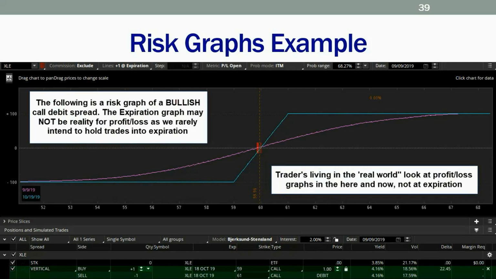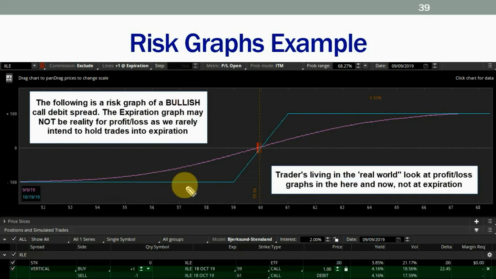When people get involved in options, one of the things I sometimes have to do here at TheoTrade is undo some of the damage that has been done to you by years of looking at things like risk graphs and being taught this stuff in a way that I don't find useful at all.